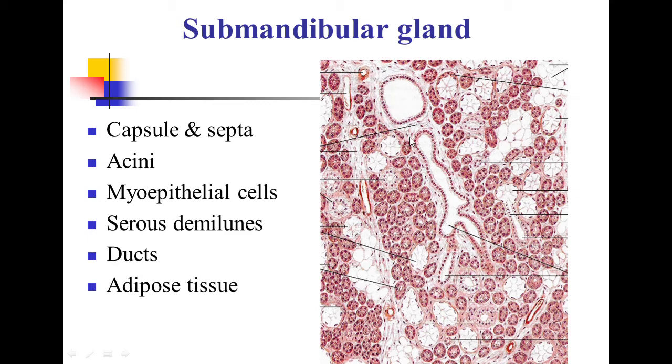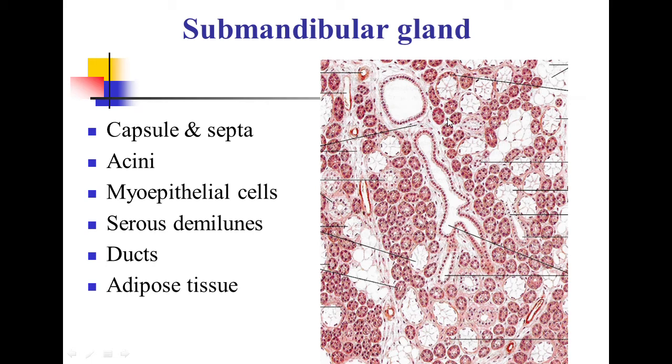So this is the connective tissue septum, and this connective tissue septum contains ducts, and these ducts are the interlobular ducts. And in the lobule, as it is a mixed salivary gland, there are both acini.